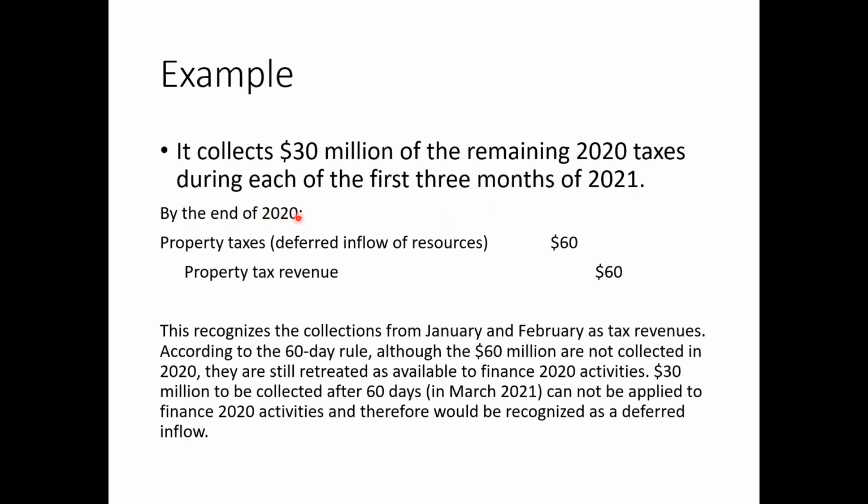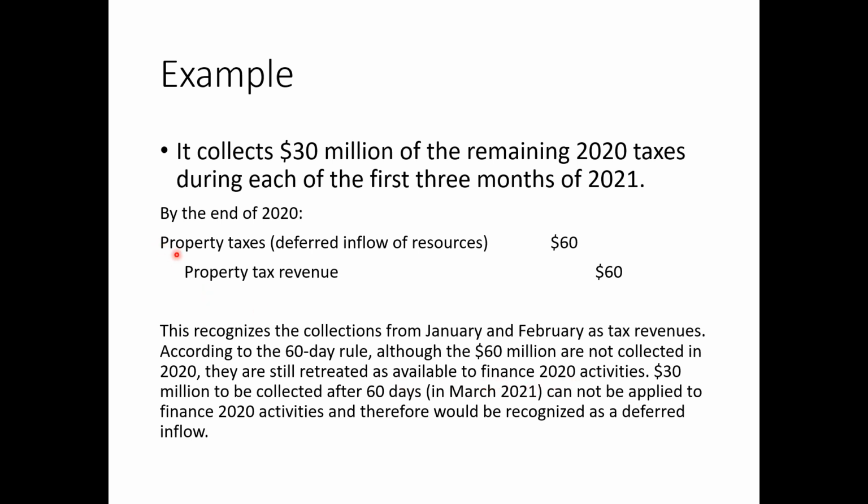By the end of 2020, because we expect to receive $60 million within 60 days of the year end, we can apply the 60-day rule. Although the $60 million is not collected in 2020, it is still viewed as available to finance 2020 activities.